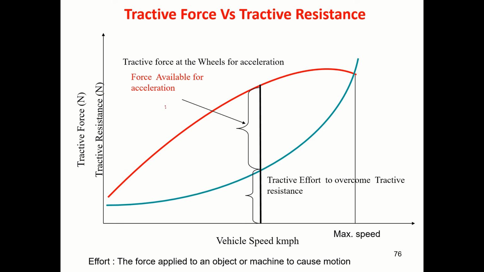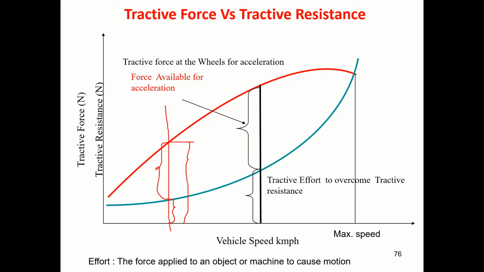At any given point of time, this is the resistance offered, which is the sum of rolling resistance, aerodynamic resistance, and gradient resistance if there is a gradient. This is the tractive effort available. So that means this is the energy that is available for acceleration.